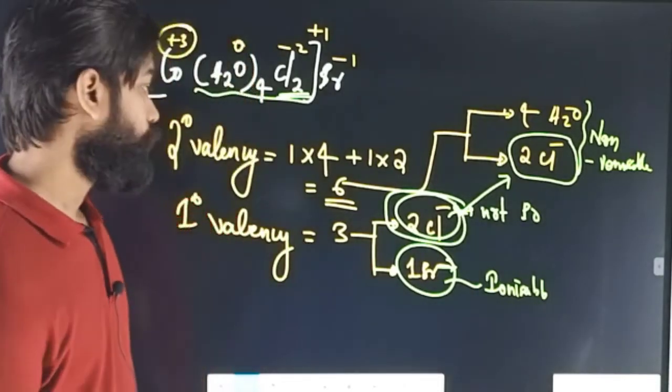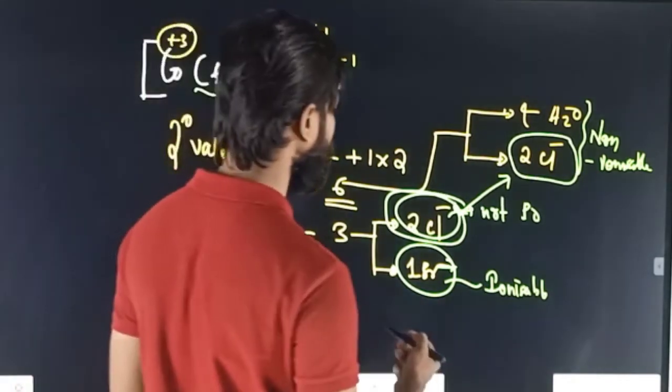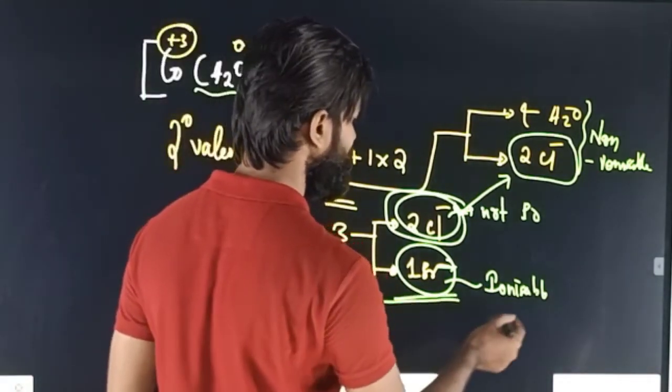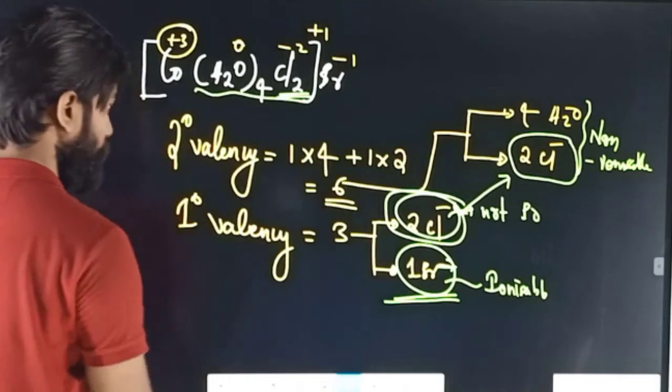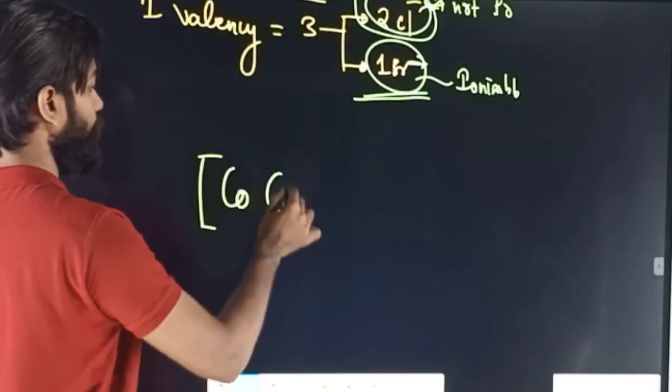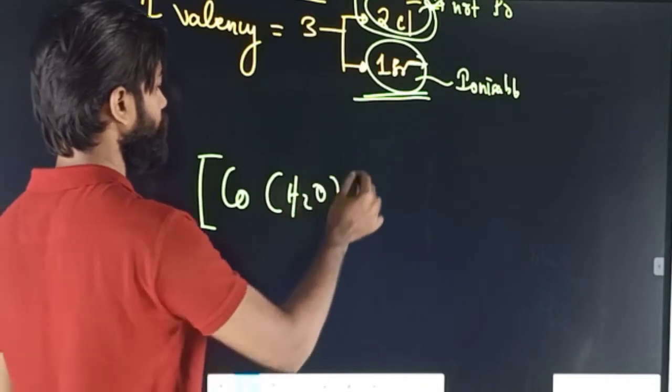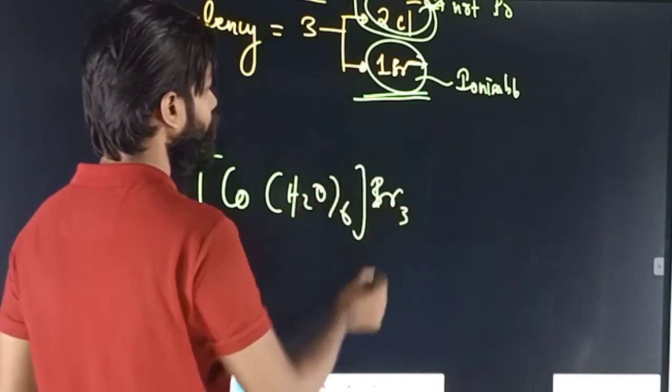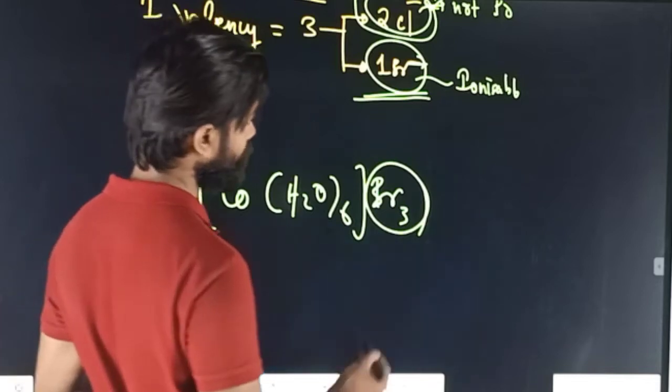Okay, fine. So usually groups with the primary valencies are ionizable. Usually, sometimes it may be non-ionizable. For example, I have another compound, Co(H2O)6 Br3. Here the groups of primary valency are 3 Br minus, right?